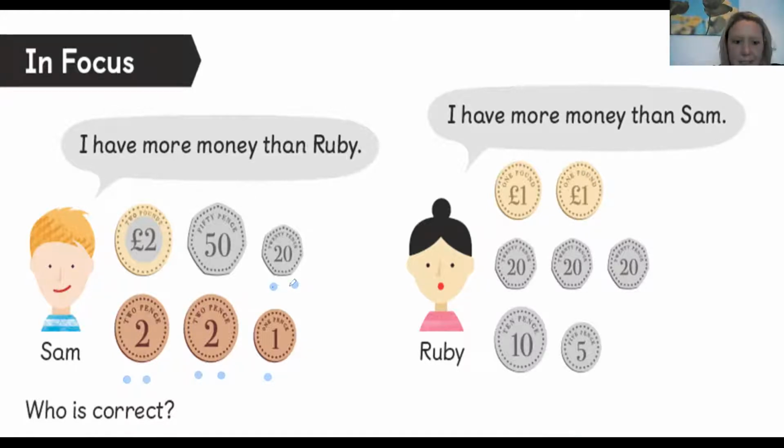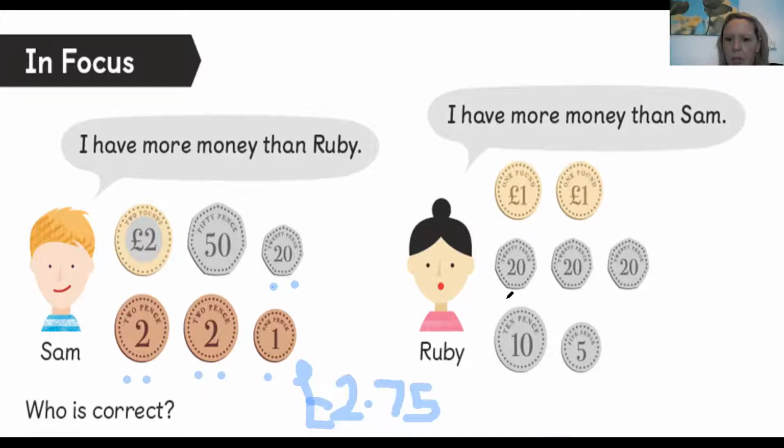So it's £2, 70, 71, 72, 73, 74, 75. So I'm going to write that as £2.75. And Ruby has got £1, another £1.